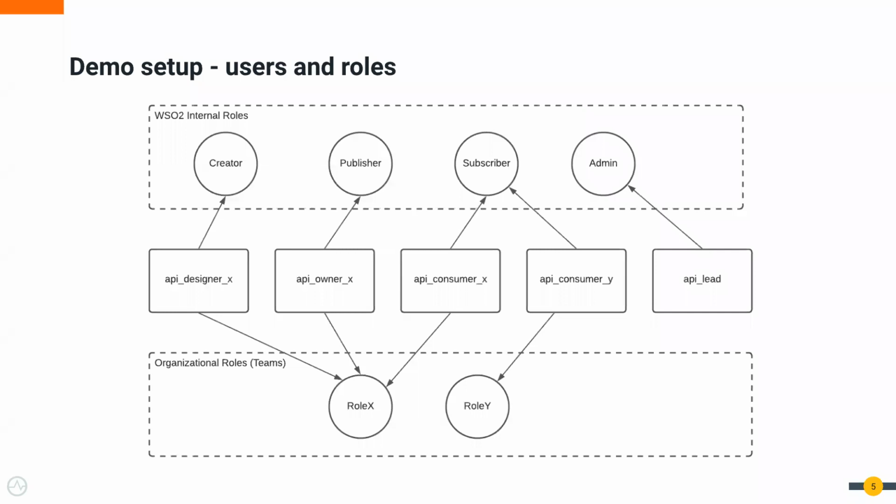What we are doing in this session is using the access control capability to demonstrate that different teams can create and manage their own APIs without interfering with other teams.